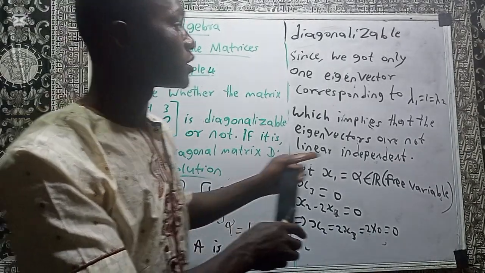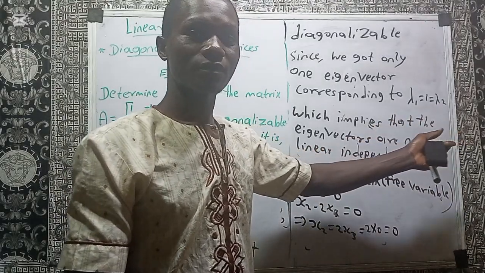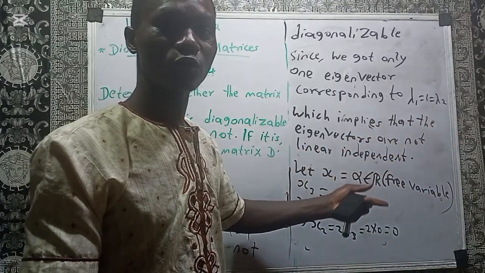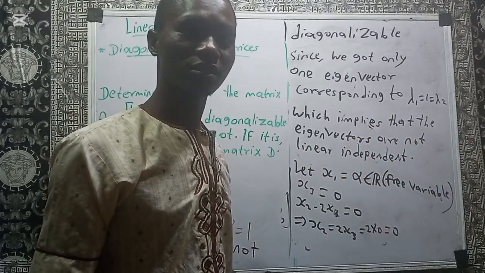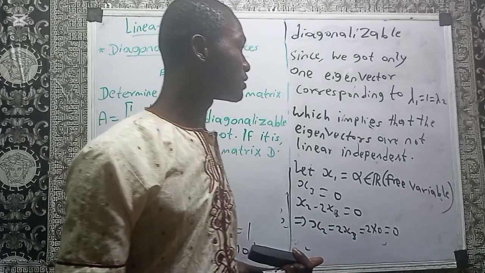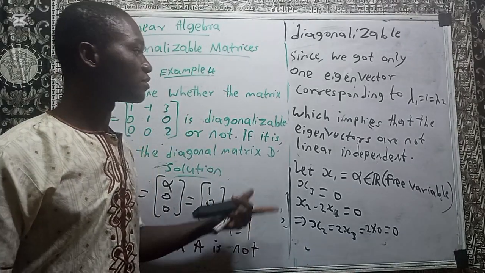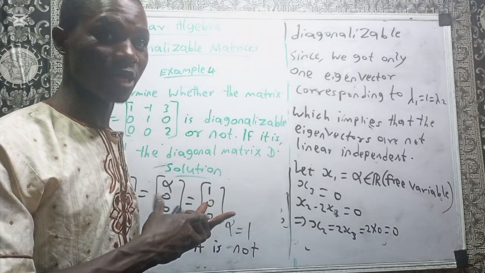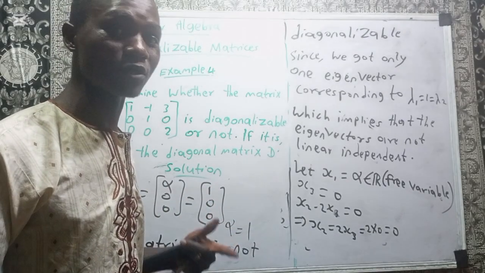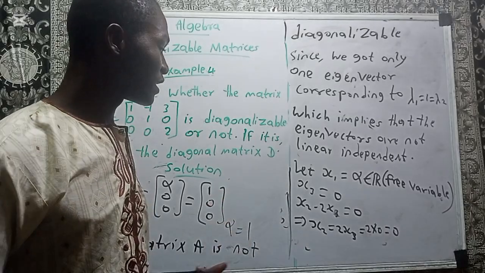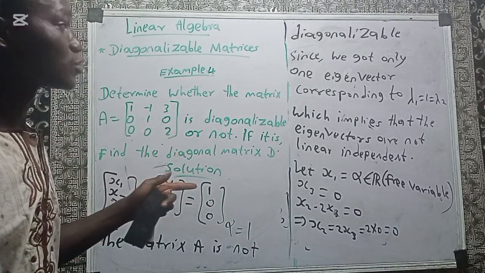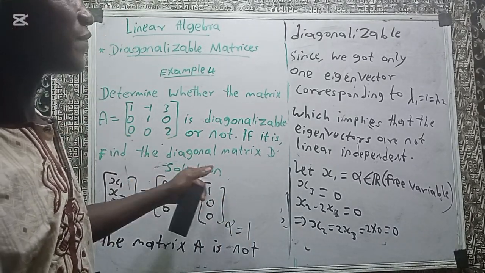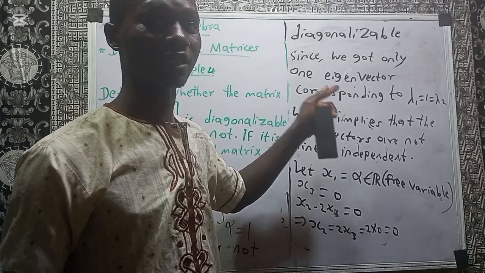So the eigenvectors corresponding to the lambdas are not linearly independent. Because of that, this matrix A will not be diagonalizable, because it is diagonalizable if the eigenvectors are linearly independent. We are supposed to get two eigenvectors corresponding to lambda 1 and lambda 2.